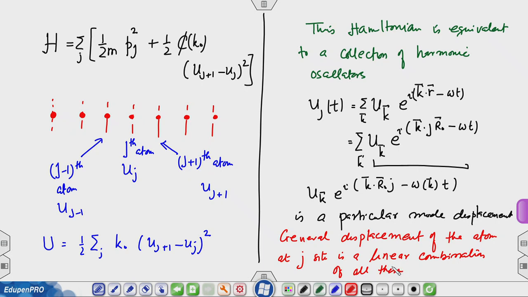So, in a way what we are doing is writing a Fourier expansion of the general displacement.